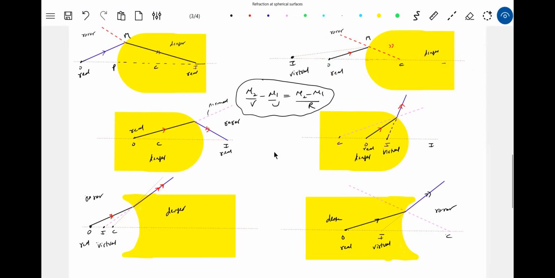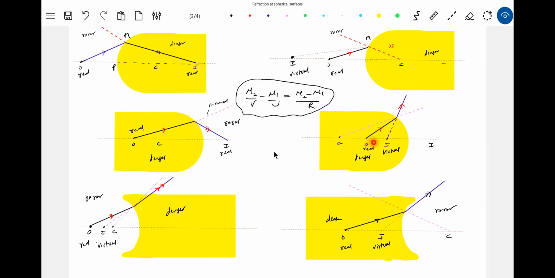Now look at this one. Object is in the rarer medium, facing the convex boundary, and the image will be formed in the rarer medium. Is this formula applicable? Yes, it is. Now what is the next situation? Object is in the denser medium, facing the concave boundary, and the image will be formed in the rarer medium. The same situation here.